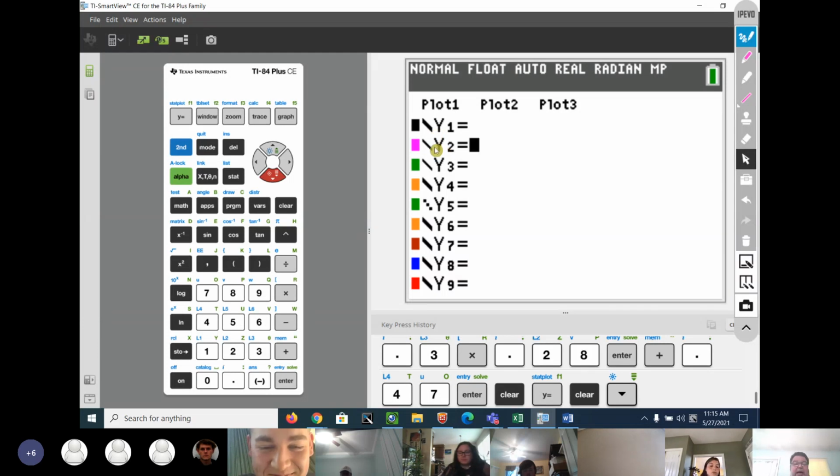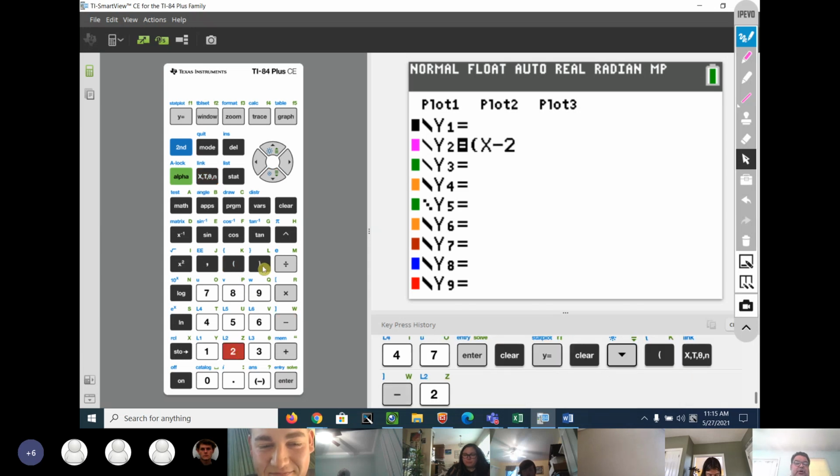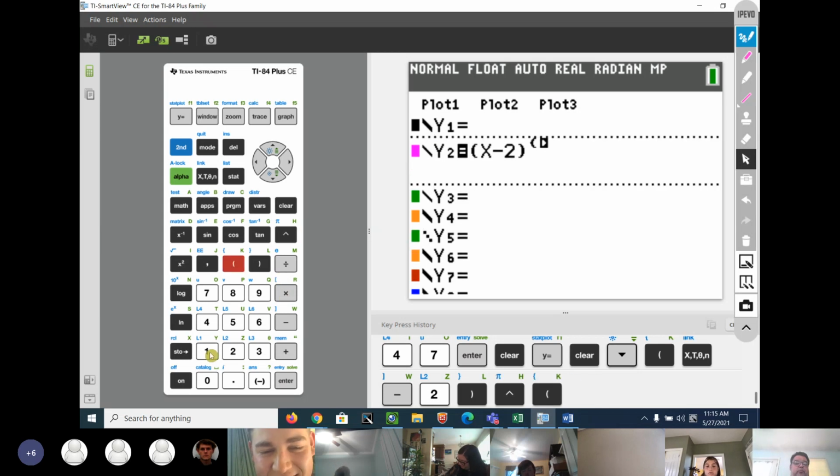All right, so x minus 2 raised to the 1/3 power. Okay, that's the cube root of x minus 2.